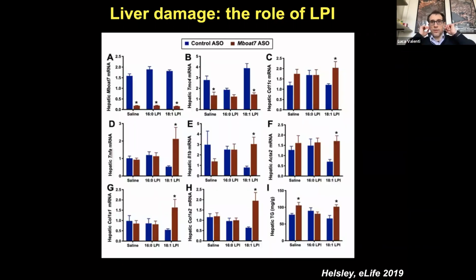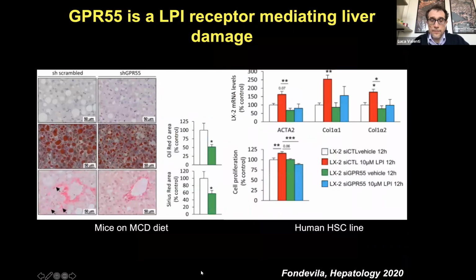And what was important is that in the presence of hepatic Ambos7 downregulation, the exogenous administration of lysophosphatidylinositol was able to induce genes involved in triggering hepatic inflammation, such as TNF-alpha and IL-1 beta, and to activate fibrogenesis in the liver, as shown here by the expression of actin, collagen, and so on.